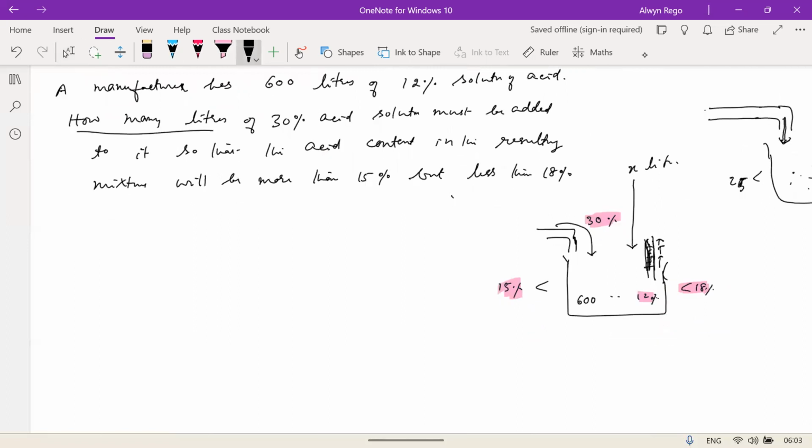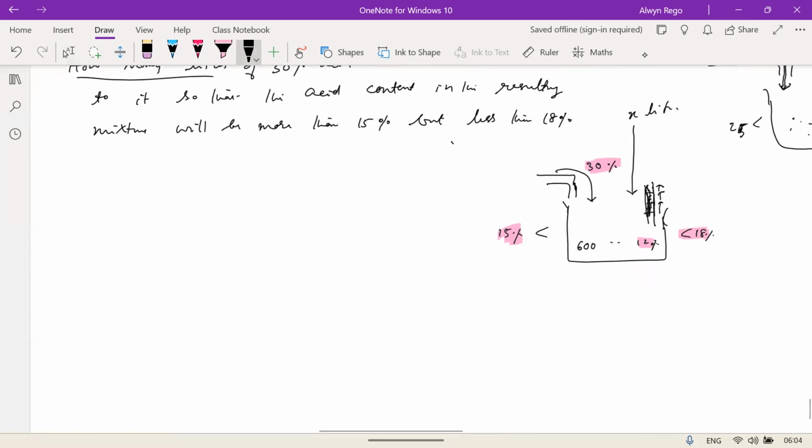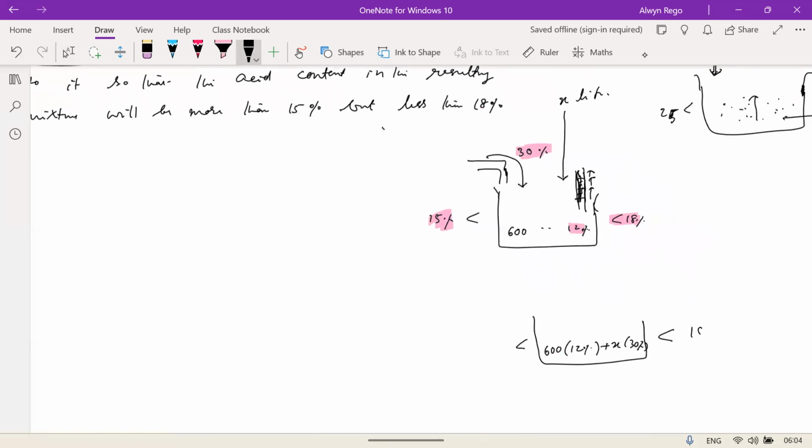So when you add X liters here, in this container you now have 600 liters of 12% plus X liters of 30%. And the resulting concentration is more than 15% and less than 18% of the total quantity.